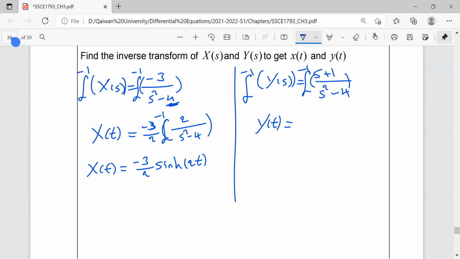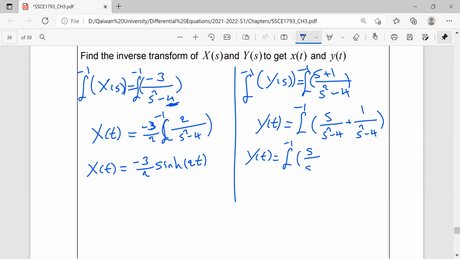So we can separate the fractions and give the denominator to both terms. It's the Laplace inverse of s over s squared minus 4 plus 1 over s squared minus 4. So y of t equals the Laplace inverse of s over s squared minus 4 plus the Laplace inverse of 1 over s squared minus 4.